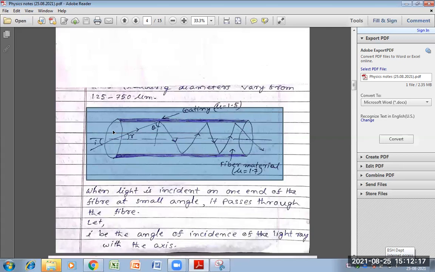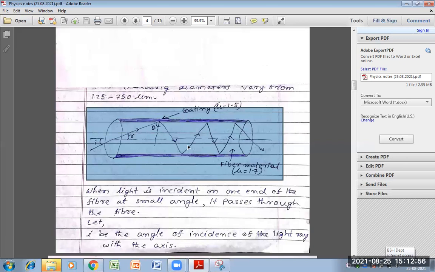Let the refractive indices of the core, this part, and the cladding, this part, be N1 and N2 respectively. The refractive index N2 of the cladding is less than the refractive index of the core. Let the refractive index of the medium through which the light is launched be N0.